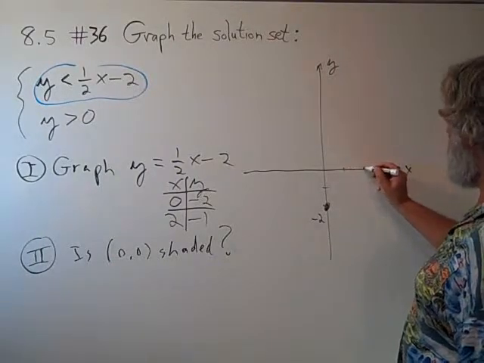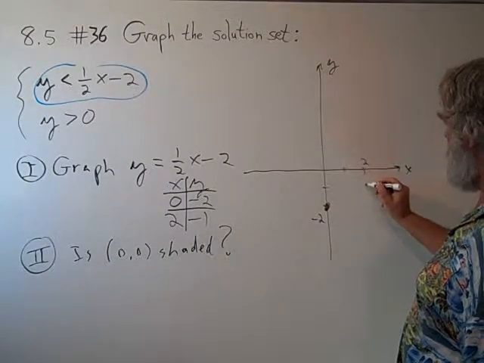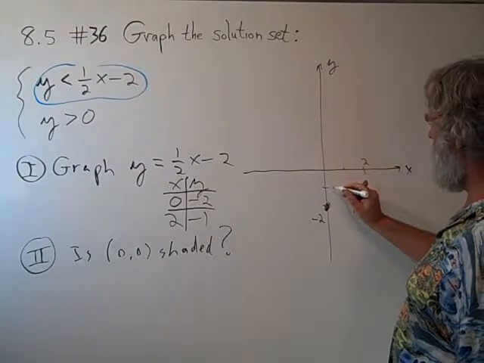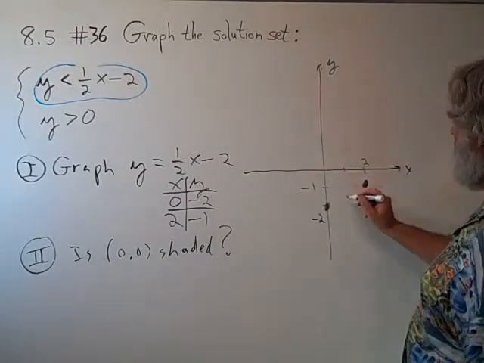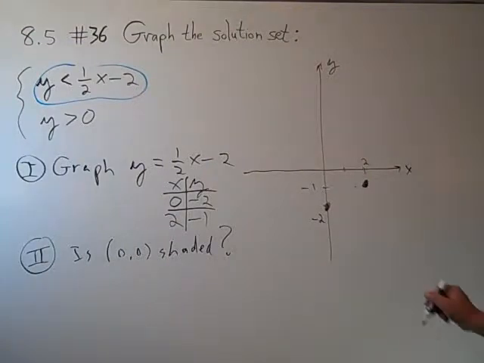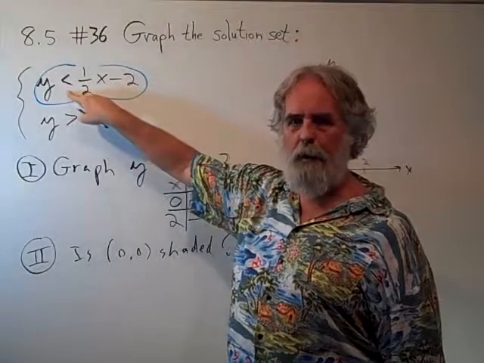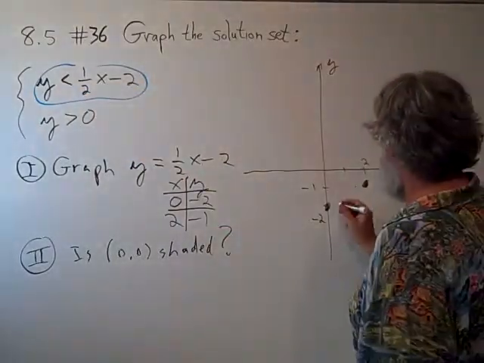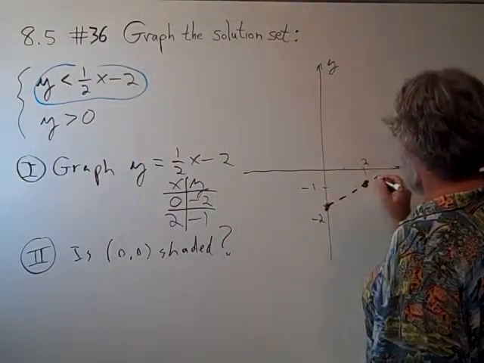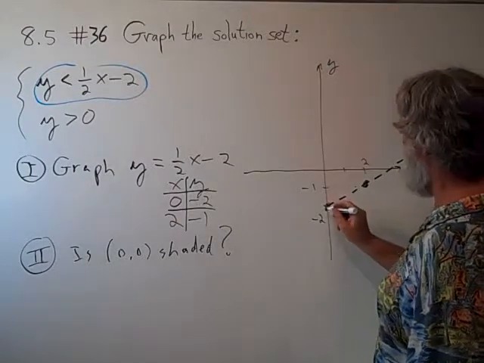So go over 2 and down 1. Takes me to this point. So this line, which will be a dashed line, we're not including the points that are actually on that line. So we get the line, it looks like this.